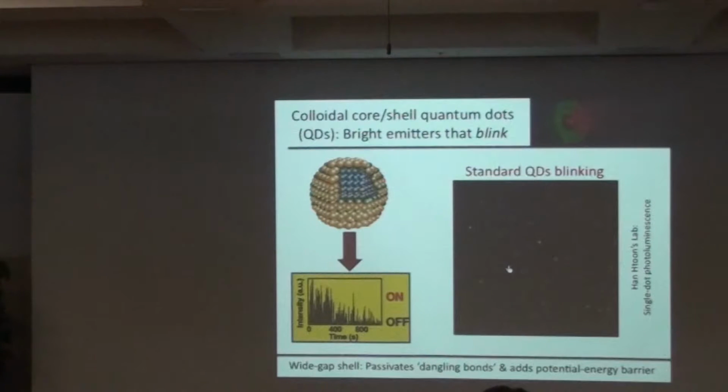And so what I show here on the right is actually a video of standard core shell quantum dots blinking. You can see that the individual specks of light actually represent individual quantum dots that are turning on and off in a random fashion. This fluorescence intermittency is also shown here in this yellow box. This is an intensity time trace for a single quantum dot turning on and off, i.e. blinking, but it's also photobleaching.